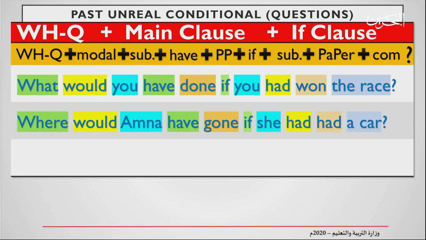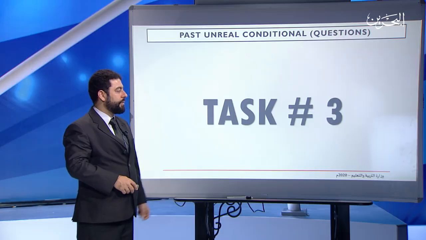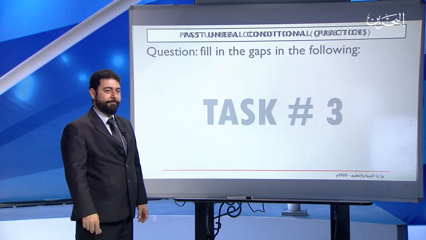This is a second example. Where would Amna have gone if she had had a car? In had had, the first one is for the past, the second one is the past perfect. Who would they have called if they had been here? Question mark. Now let's jump to task number 3.